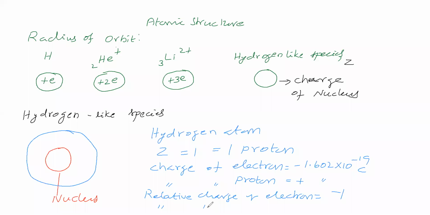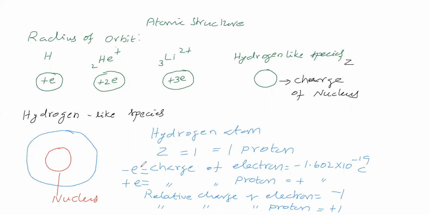Now we will take the relative charge of the proton. The relative charge of the proton is +1. That means the proton is positive, the electron is negative, but the magnitude is the same. If you take the charge of the electron as -e, then the charge of the proton we will take as +e.